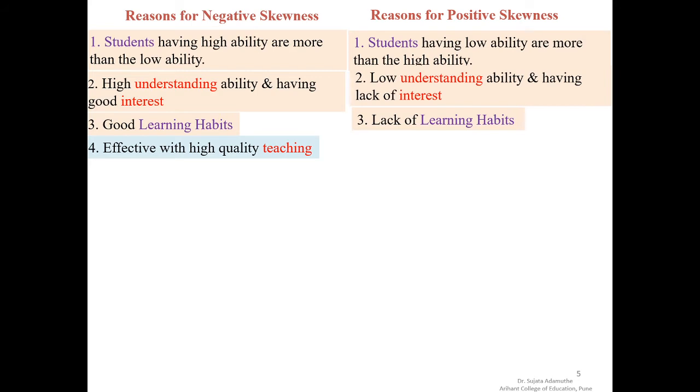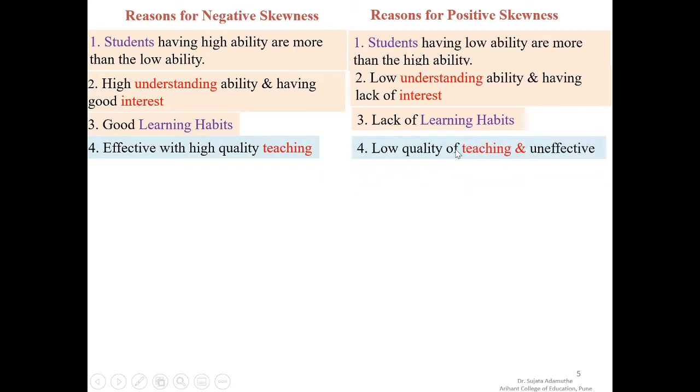If your teaching is very effective and of high quality, that means your teaching is very good, the students automatically take interest in that subject, there are mostly no doubts, and students will get more scores in that subject, and so automatically negative skewness will come there.